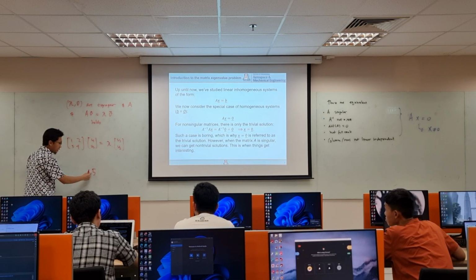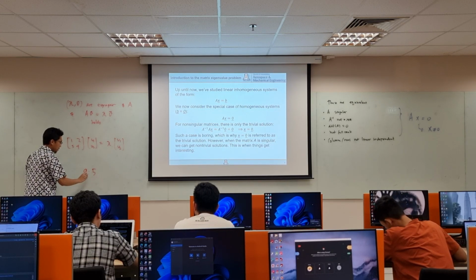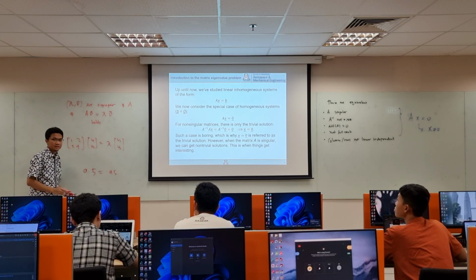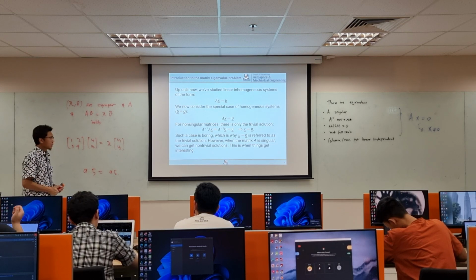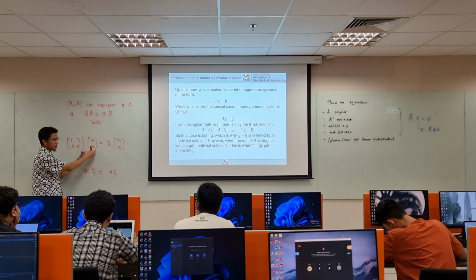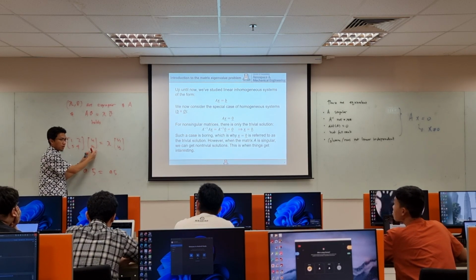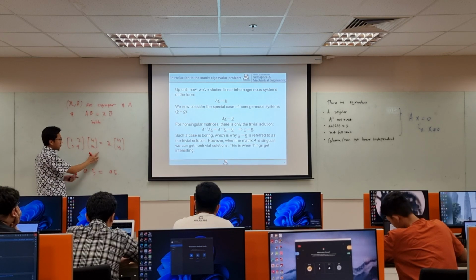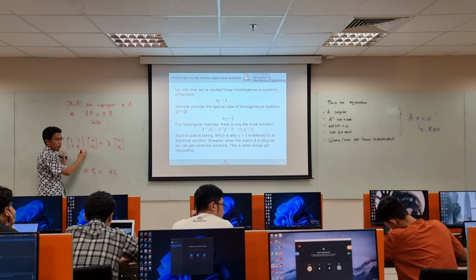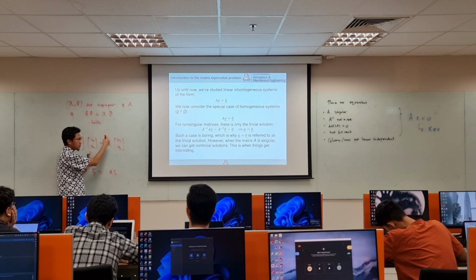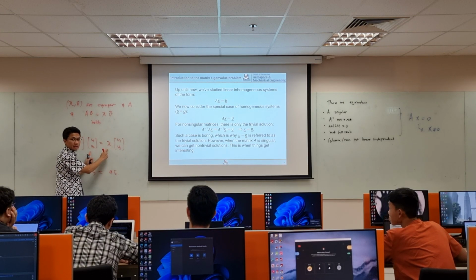If I multiply a vector by a scalar, I get the same vector scaled. So if I pre-multiply an eigenvector by the matrix itself, what I get is the same vector, but with a scaling.